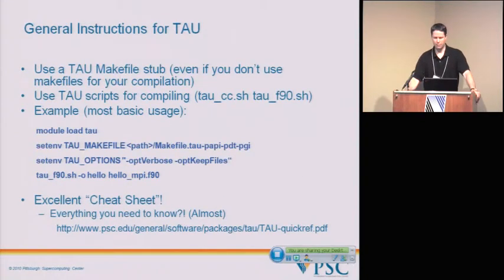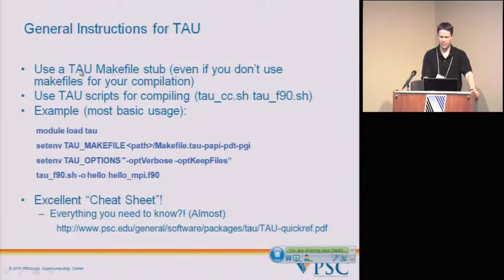So when you use direct instrumentation, then obviously you do need to recompile your code since you're changing it. The way TAU does this is it has something called a TAU makefile. They call it a makefile stub. This is what defines how TAU does the instrumentation.